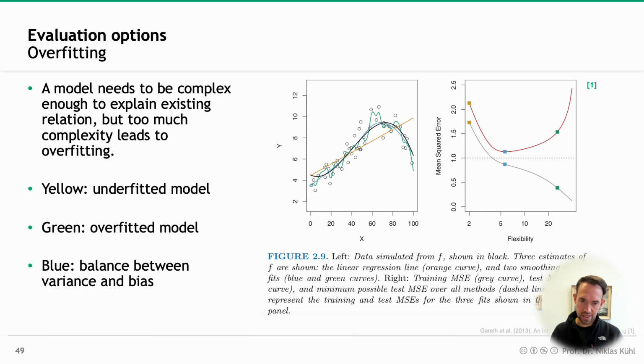So training is a gray curve. These are my results in training for my performance metric, MSE, and this one is the testing curve. And you can see for my perfect model, the blue one, which has a good balance between what we call, by the way, variance and bias.